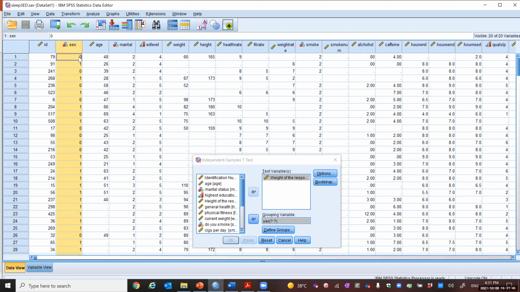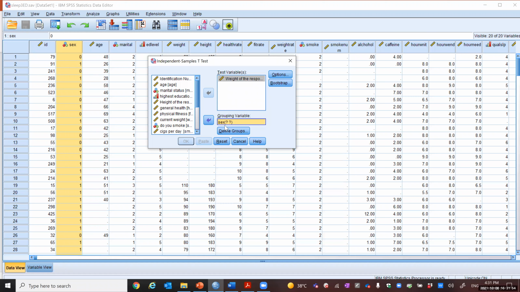So 0 is male and 1 is female. So I would define it. You can just note it down that 0 is male and 1 is female.